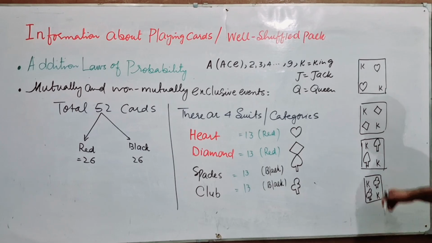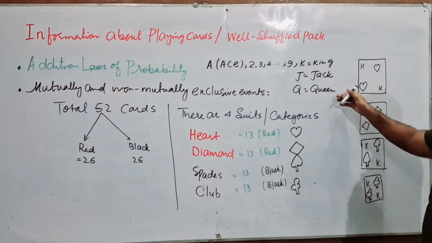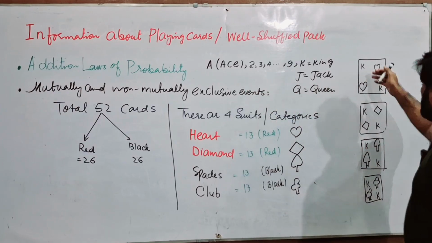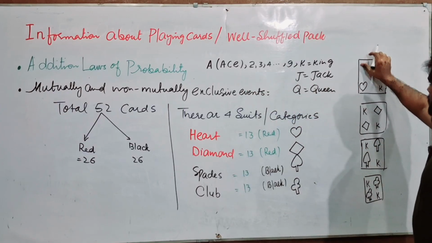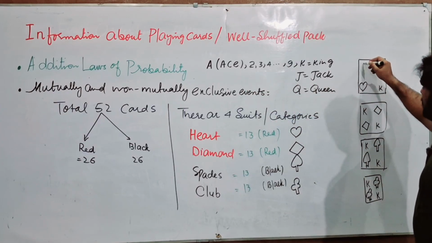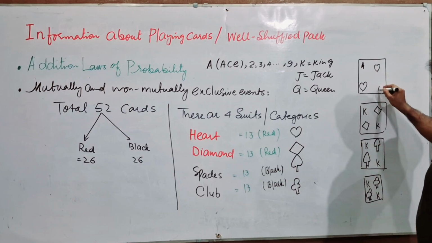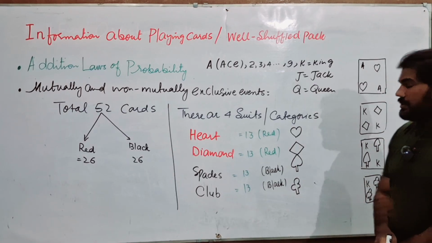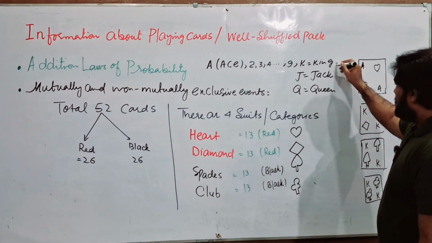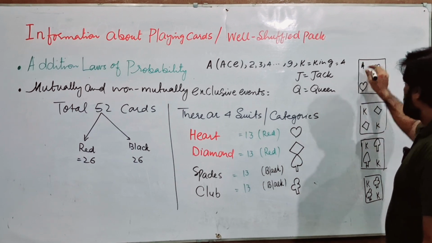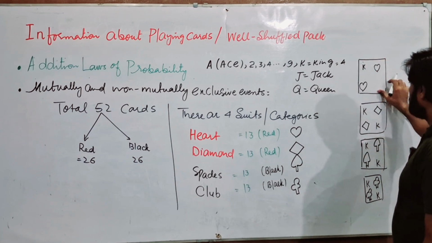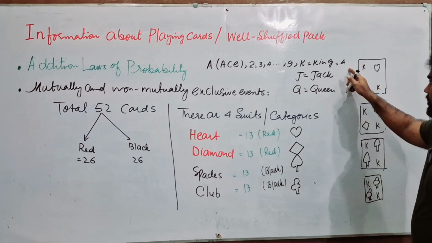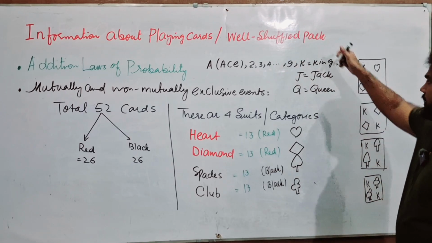Similarly, there are 4 cards for jack, 4 cards for queen, and similarly 4 cards for ace. For example, ace of heart is like this. It means there are 4 kings. One king is of heart, one king is of club, one king is of spade, and one king is of diamond. So there are 4 kings in this well-shuffled pack.